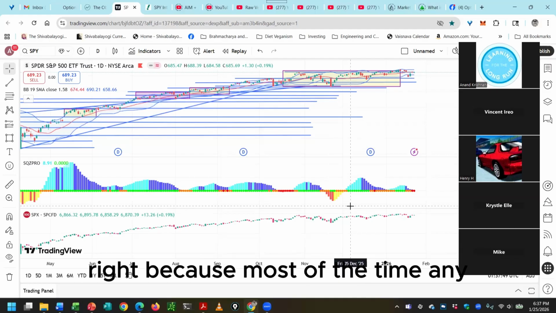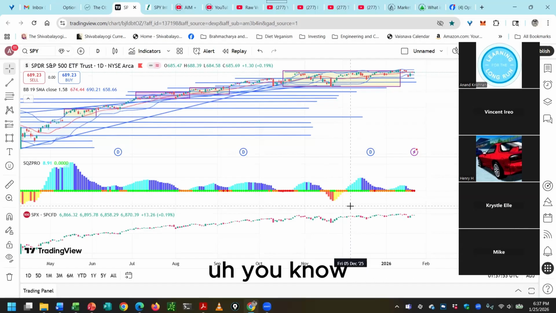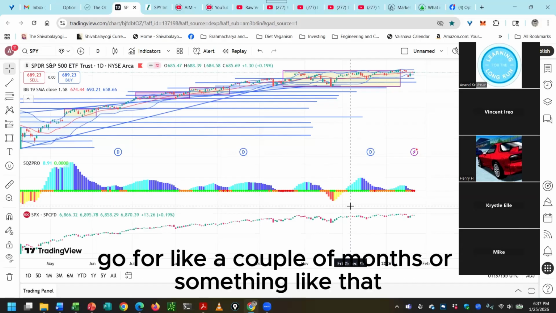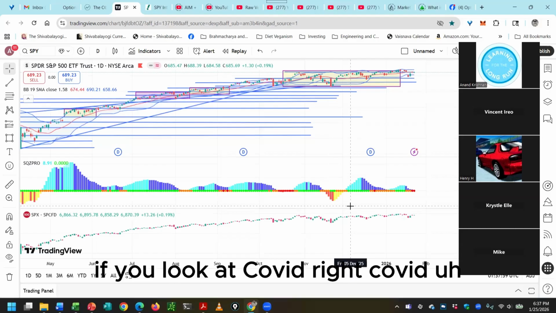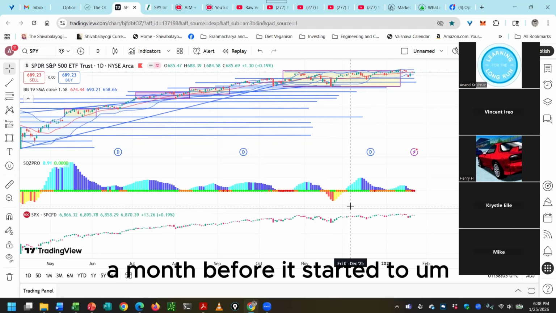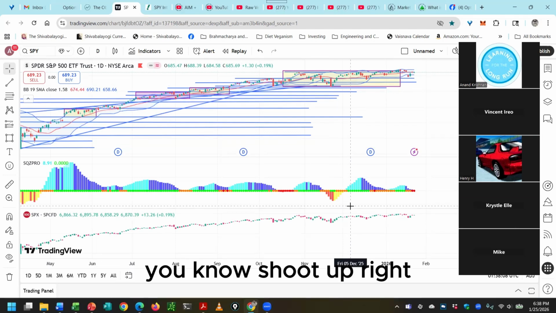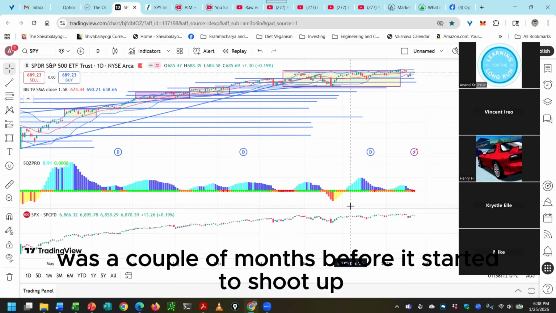Because most of the time, any other news might go for a couple of months or something like that, if it's persistent enough. If you look at COVID, COVID basically took down the market for like a month before it started to shoot up. And then the tariff news, I think, was a couple of months before it started to shoot up.